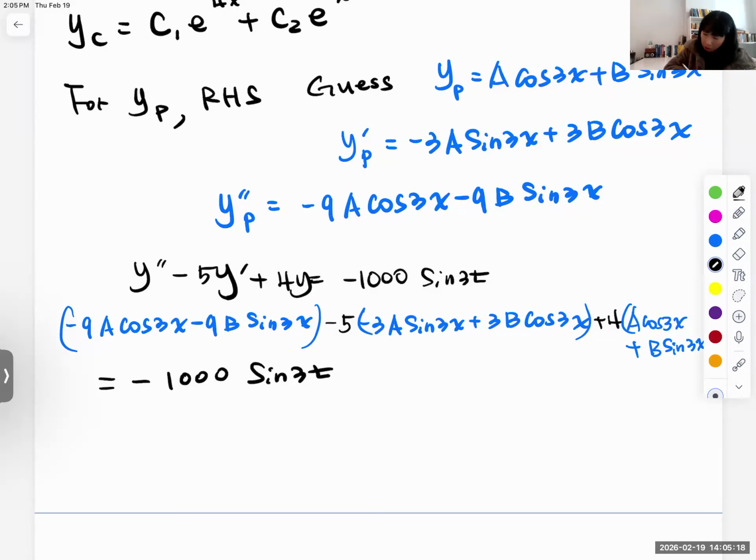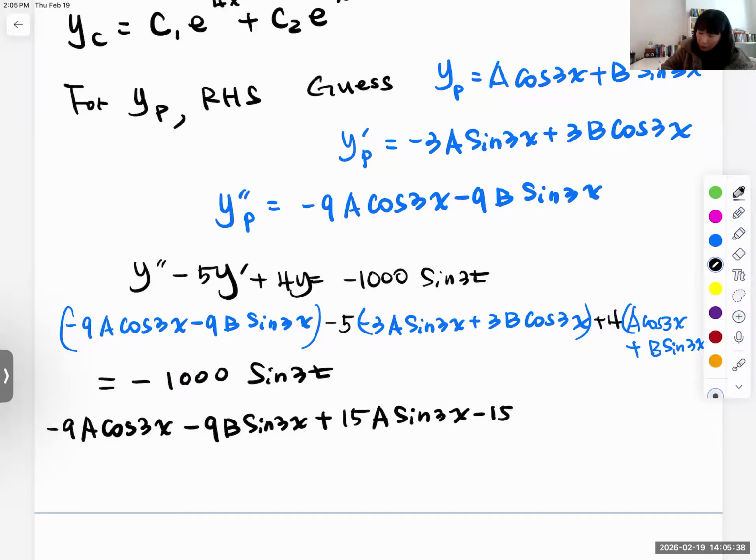All right, so negative 9a cosine 3x minus 9b sine 3x, positive 15a sine 3x minus 15b cosine 3x, positive 4a, right? Okay, hold on one second. I made a mistake, right?